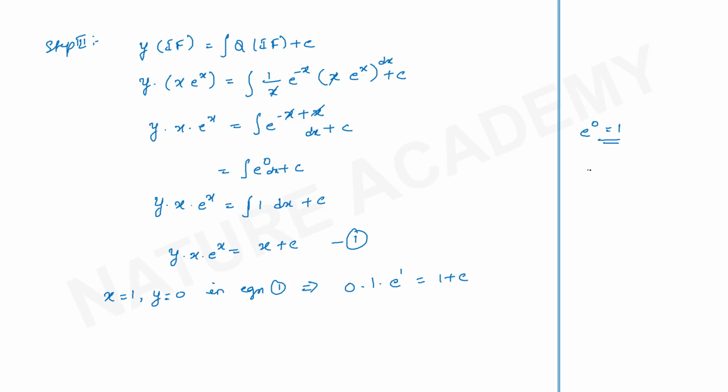Now e raised to 0 is 1 and e raised to 1 is... so the left side becomes 0, and you have 1 plus c, so the value of c will be minus 1. Now put this value of c in equation 1 so that you get y into x into e raised to x is equal to x minus 1.